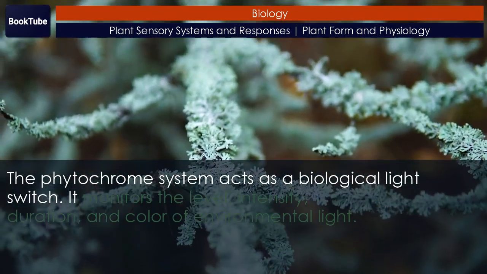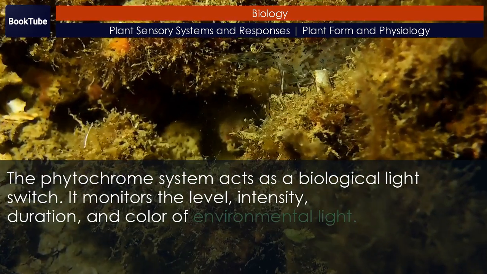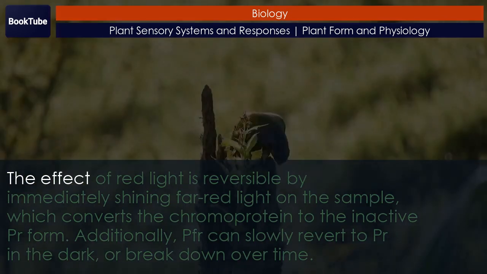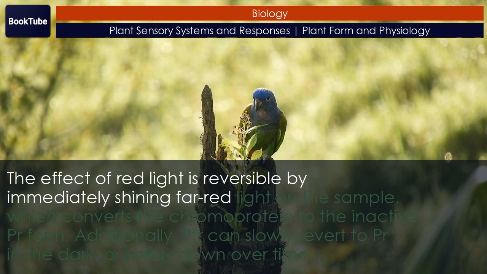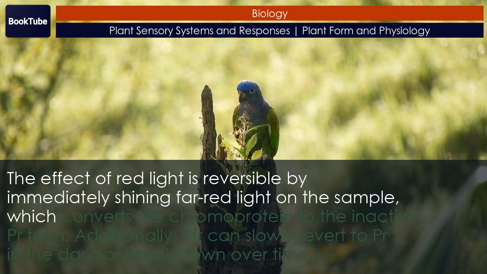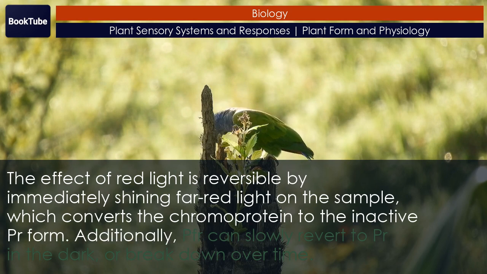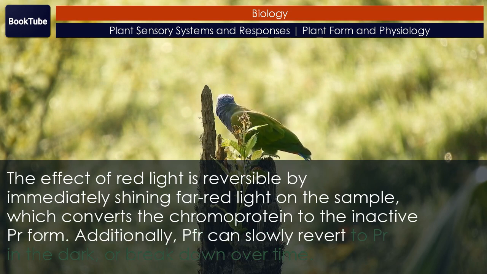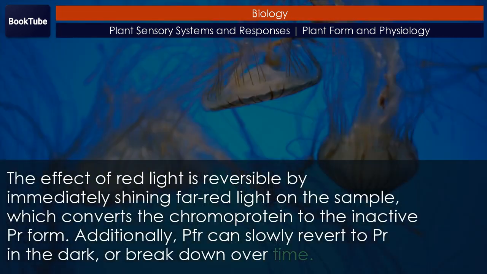It monitors the level, intensity, duration, and color of environmental light. The effect of red light is reversible by immediately shining far red light on the sample, which converts the chromoprotein to the inactive Pr form. Additionally, Pfr can slowly revert to Pr in the dark, or break down over time.